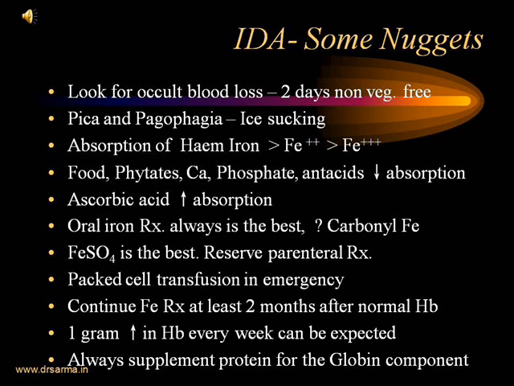Supposing the blood loss is occult, then we need to do a test for occult blood loss, which is the Benjamin test. Remember, the 2 days of non-vegetarian free diet is definitely required to avoid false positive results. Otherwise, patients who take meat might give a false positive occult blood test.